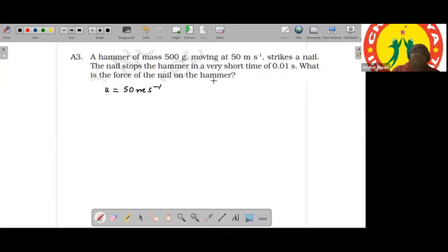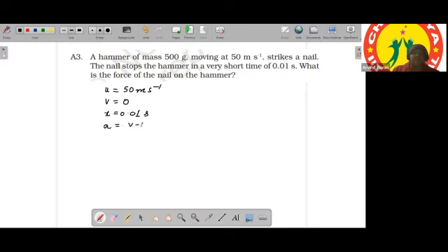And since the hammer finally stopped, the final velocity of the hammer will be 0. The time it takes is 0.01 second for the hammer to stop. Now, can I find out the value of acceleration over here?